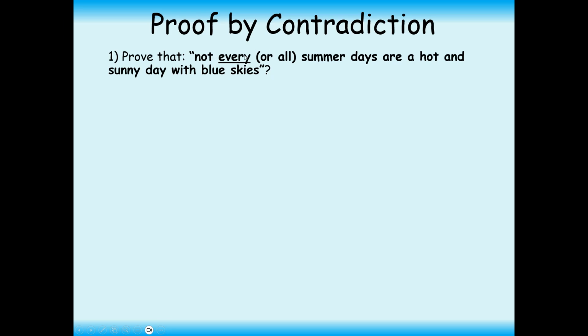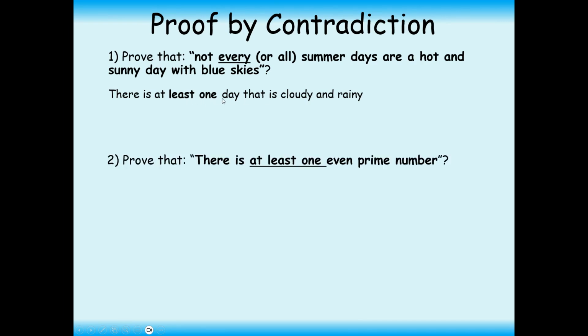That means all you have to do is find an example of at least one summer day that is not sunny and with blue skies, at least one day that is rainy and cloudy. That would have proved this statement wrong. So all you have to do is find at least one example.